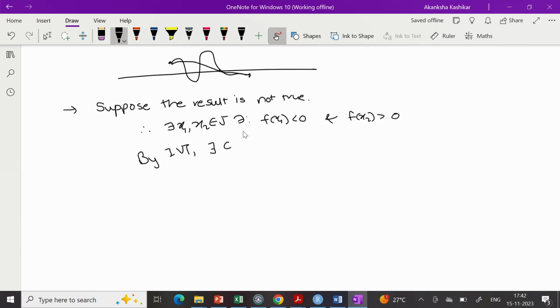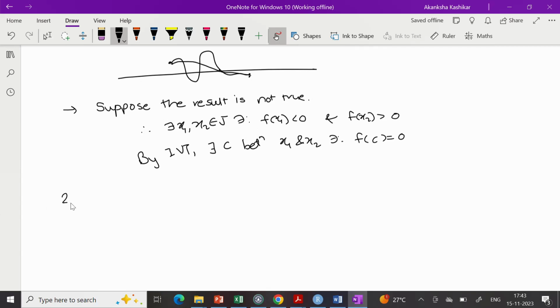Depending on whether x1 is smaller or x2 is smaller, there exists c between x1 and x2 such that f(c) is 0, because the intermediate value theorem says that if I have 2 points where one is taking a positive function value and another is taking a negative function value, then in between 0 should be attained. And this is a contradiction because we have been given that the function doesn't take 0 value on its domain. So the result has to be true.